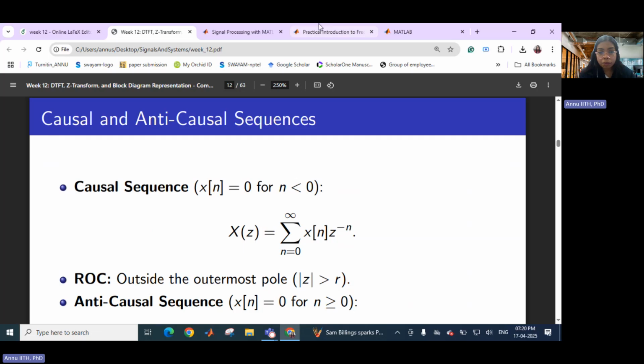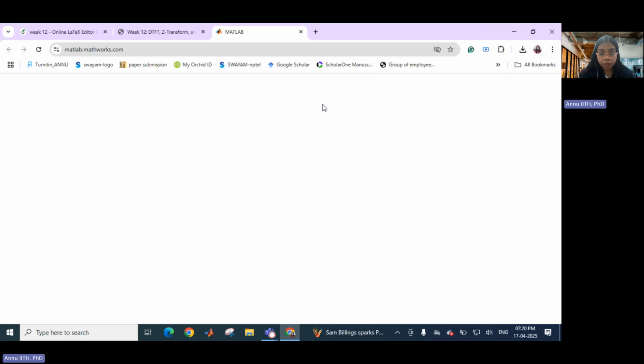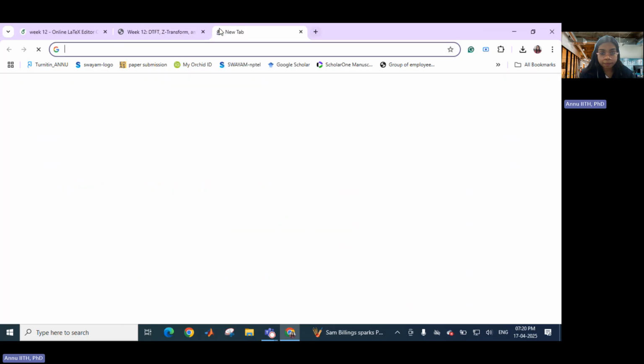Before we move to this part, I would like to show you some Z transform examples using MATLAB.